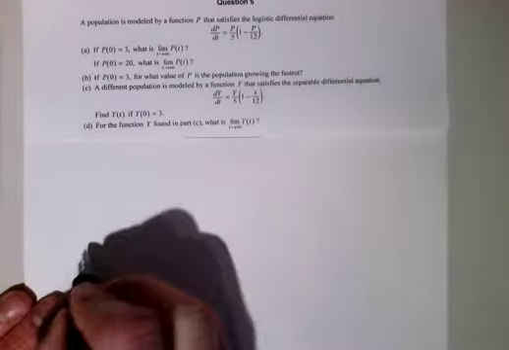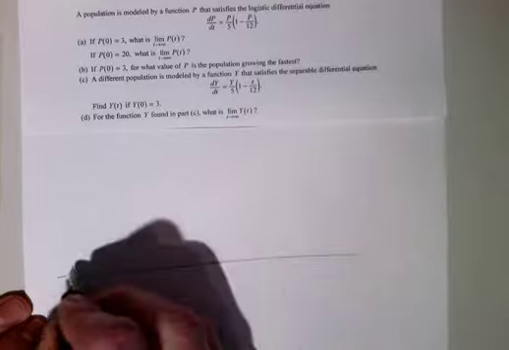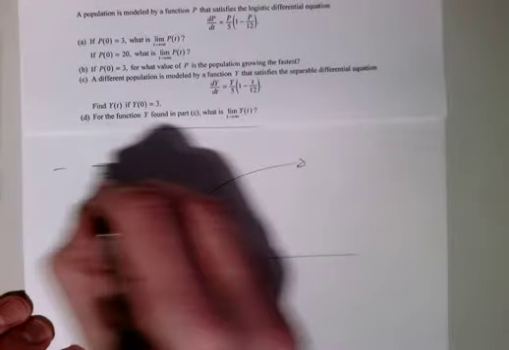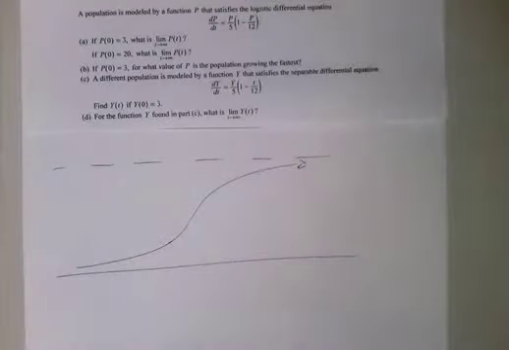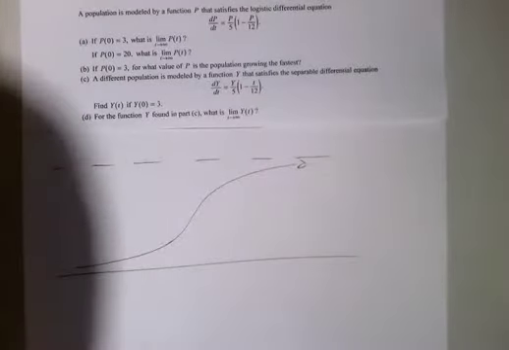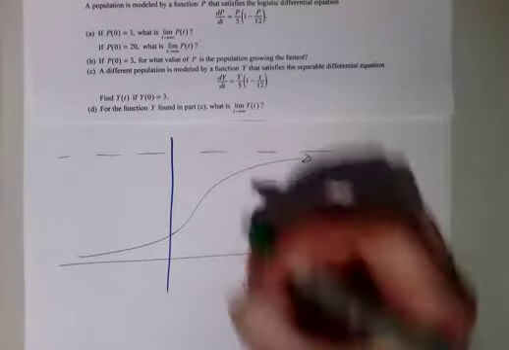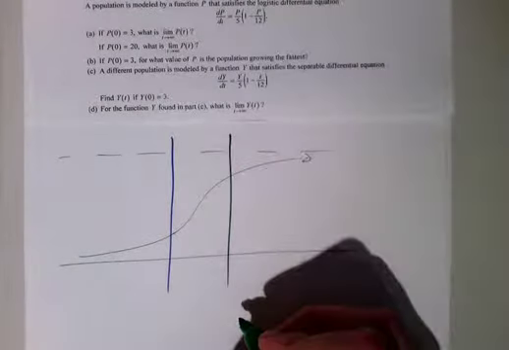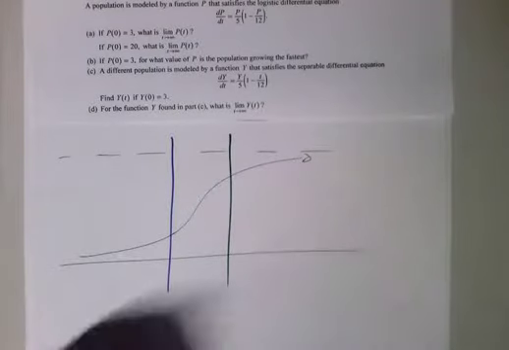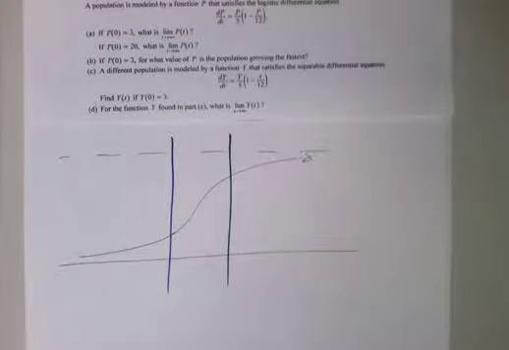No. The initial population, the P naught, doesn't really matter. The only thing that the P naught gauges is whether the y-axis is here or whether the y-axis is here. Either way, it really doesn't matter, okay, for the inflection point.